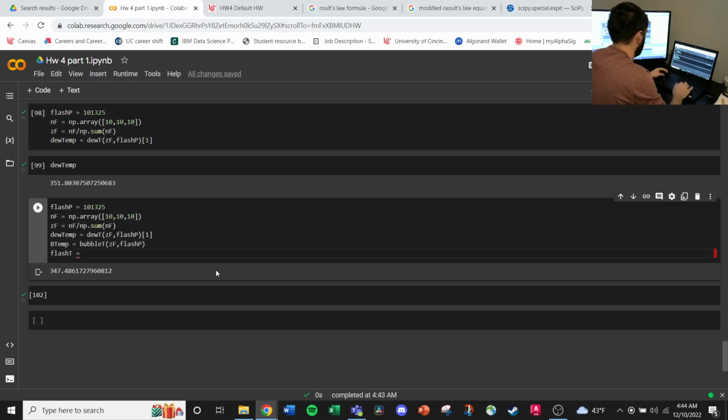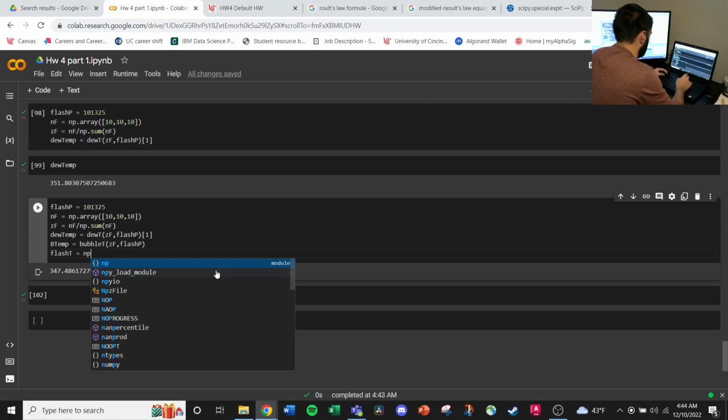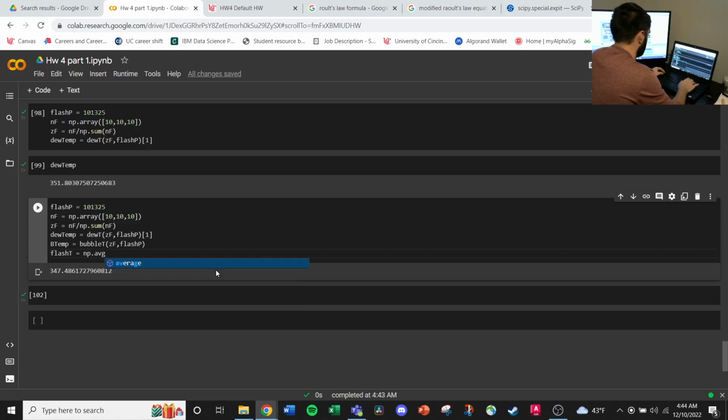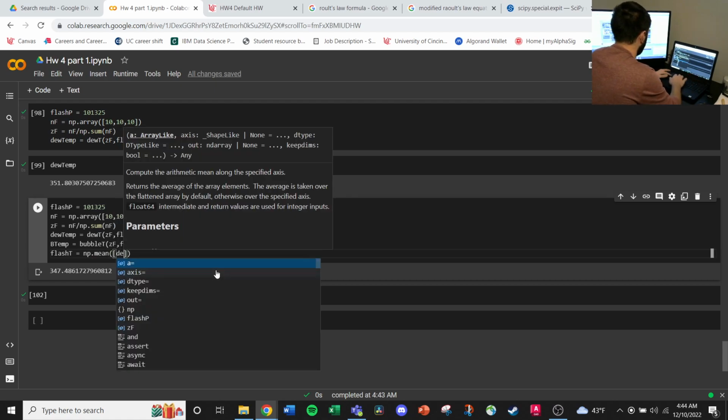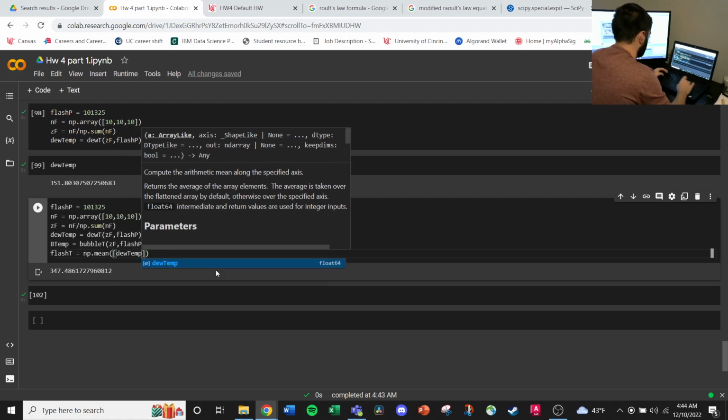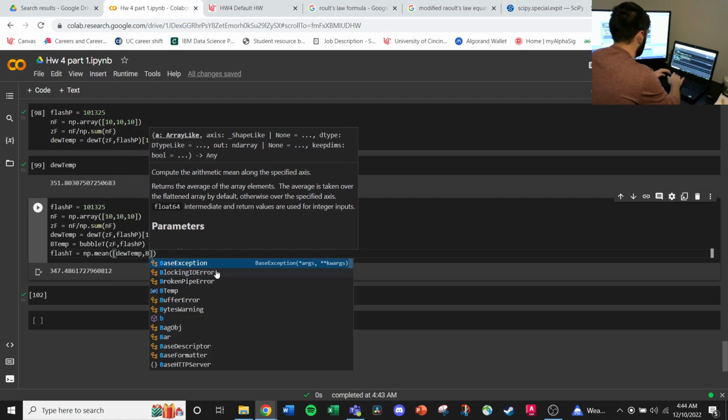So our flash temperature is just the average, so NP dot average, which I think I normally use NP dot mean. I don't know if there would be a difference, but dew temp and B temp.